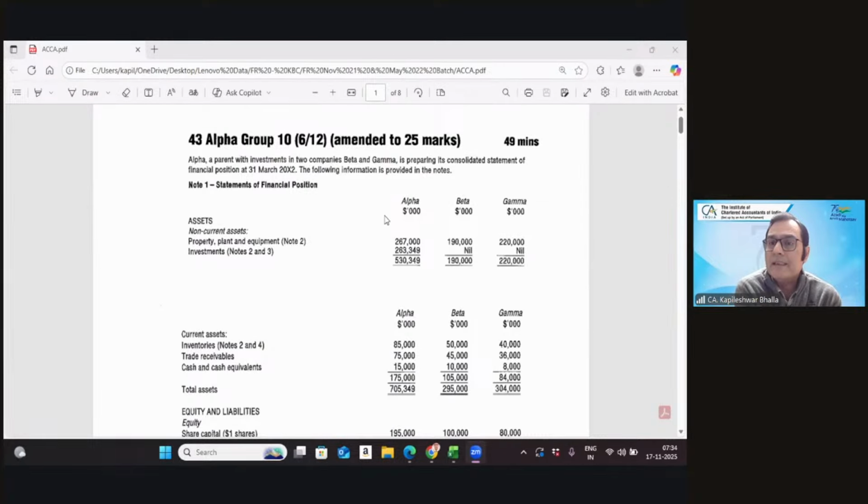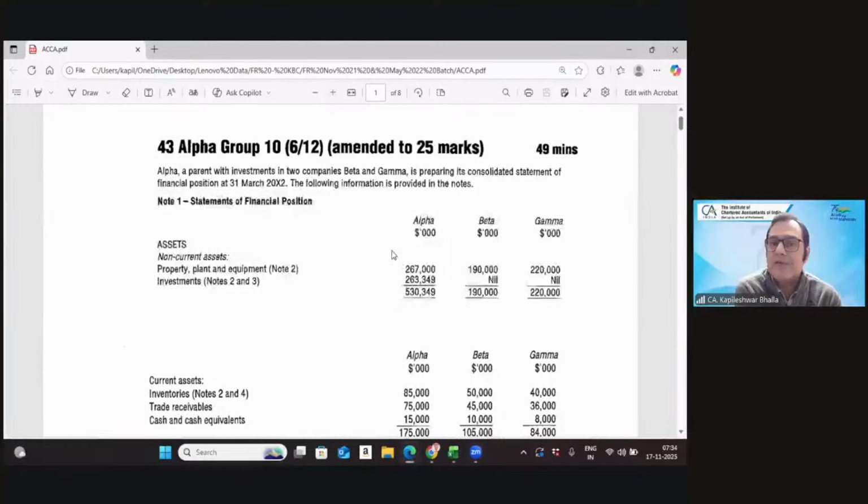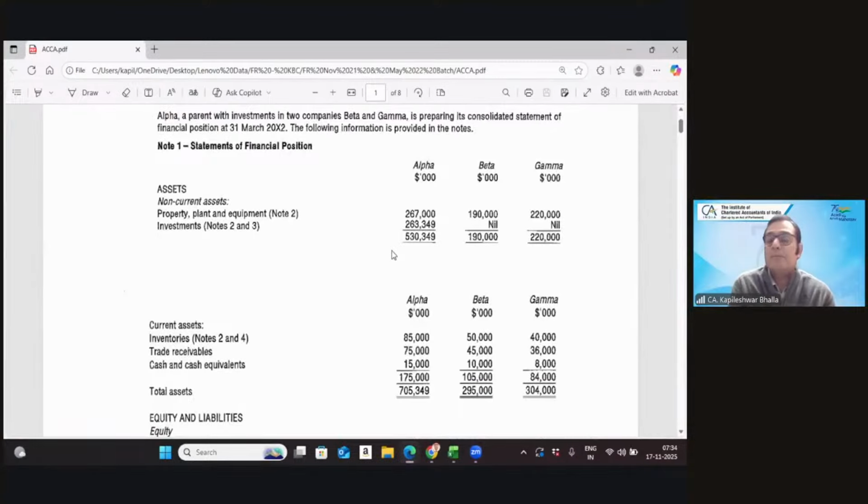Now we're given in this particular case, it says Alpha, a parent with an investment in 2 companies, one is Beta and the other is Gamma, is preparing a consolidated statement of financial position on 31st March. When you say statement of financial position, of course, it means balance sheet.